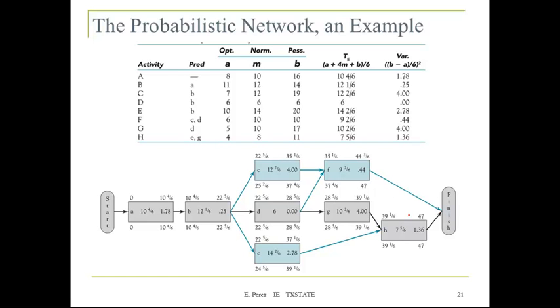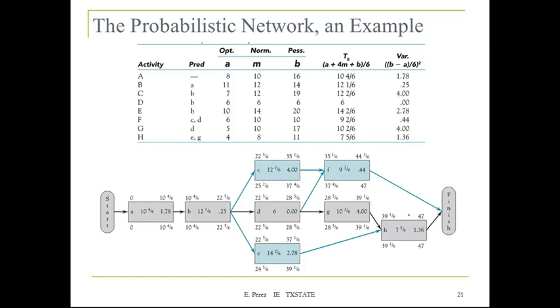So if you put that into the network, then we have the duration and the variance inside the node, and we can actually repeat the process just using the effective value for the duration to get the total expected duration for the network for each one of the paths.